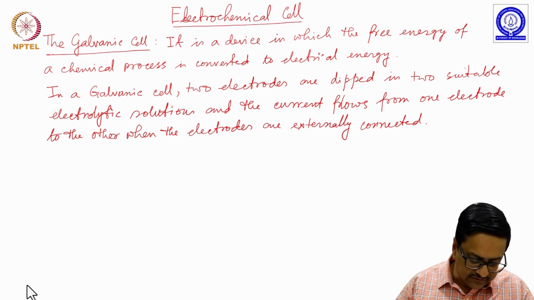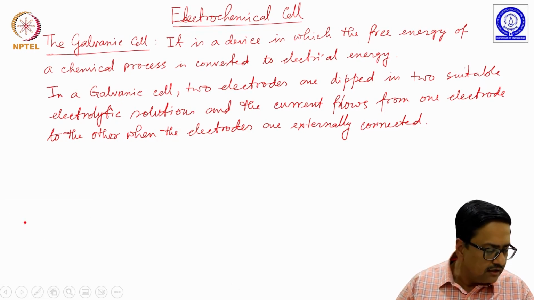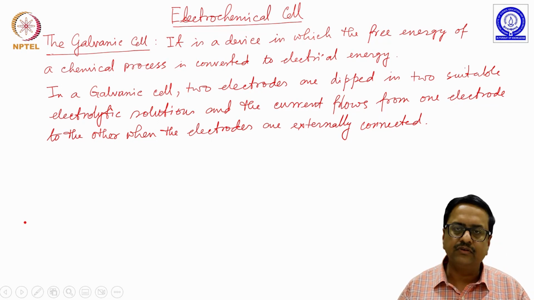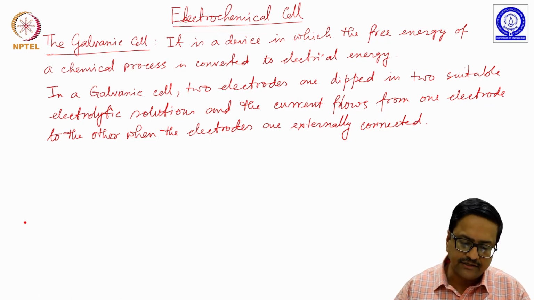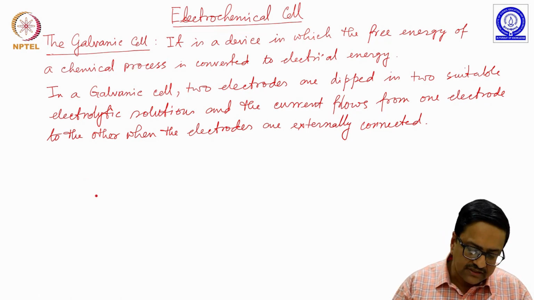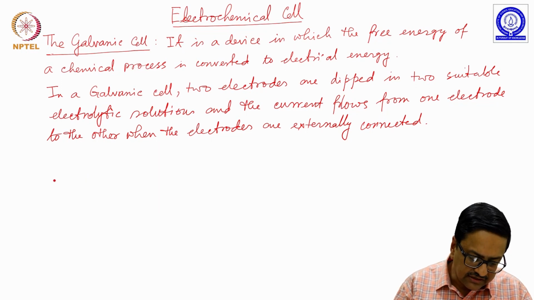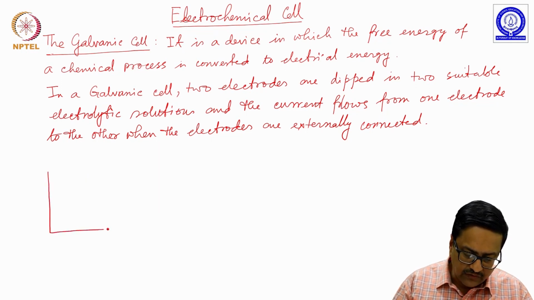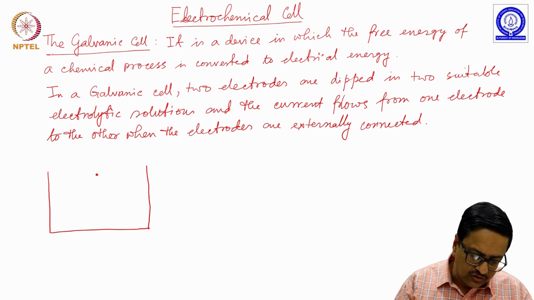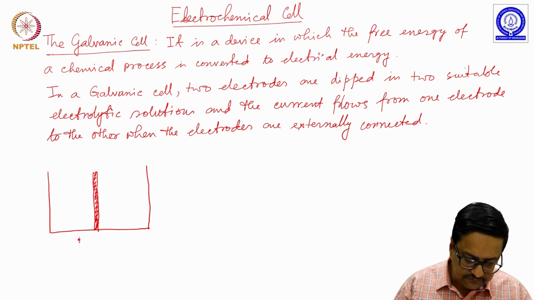So let us consider the Daniell cell as we have started discussing. Let us first draw how the Daniell cell looks like. We have one electrolytic chamber which is divided into two compartments using a semi-permeable membrane or a porous plate.